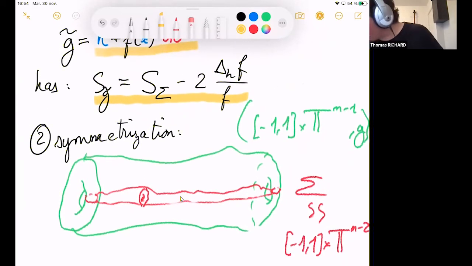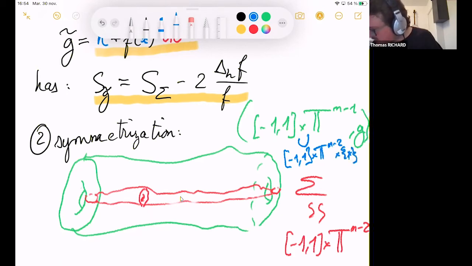So in green here, I have minus 1, 1 times Tn minus 1 with the metric G. Inside this, I can consider this hypersurface, sigma, times 1 point.